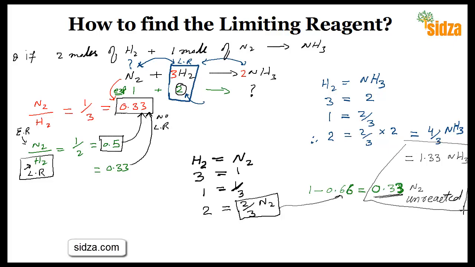One is 1.33 moles of ammonia, and you will have 0.33 moles of nitrogen, which is the excess reagent. So out of 1 mole of nitrogen, only 0.66 moles were consumed, and 0.33 moles of nitrogen will remain in the reaction mixture at the end of a reaction.